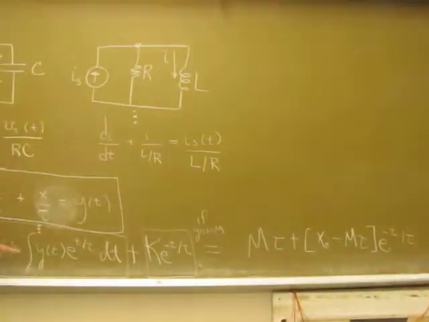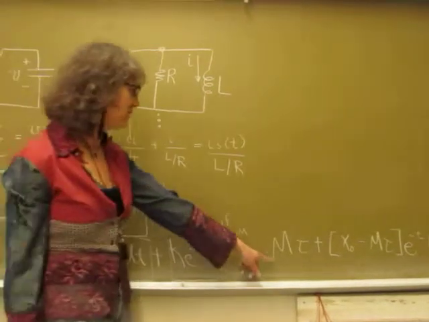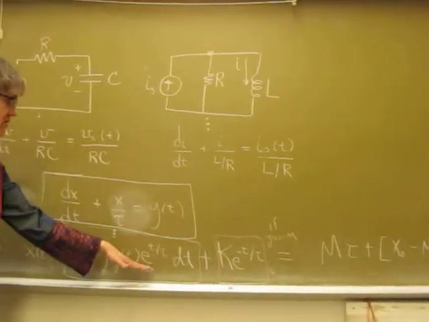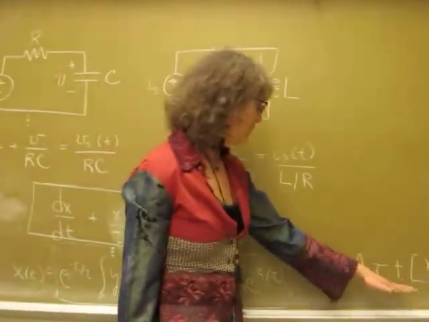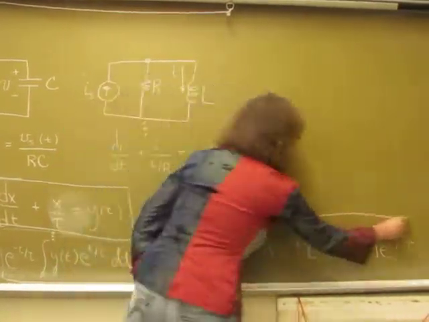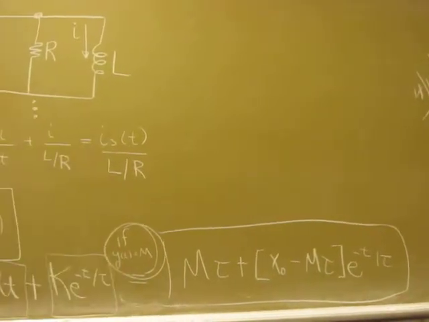If y of t is just some constant, and I'm calling the constant m, then you can do the math here. It's really quite simple. You just substitute it in, and you get this. So this is only for the case where your forcing function is a constant.